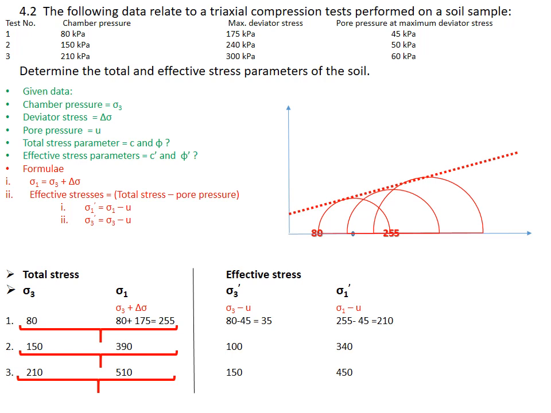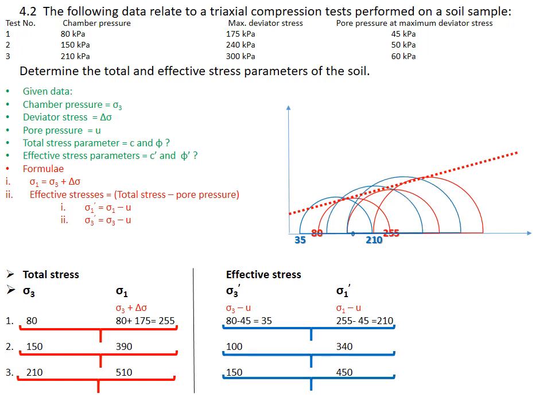Now similarly, we'll repeat the procedure for effective stress. For test number 1, you have to plot sigma 3 dash 35 and sigma 1 dash 210. Again, by taking the average, you will get the center, and using that center, you can draw a circle. Similarly, for test 2 and test 3, you can draw more circles.